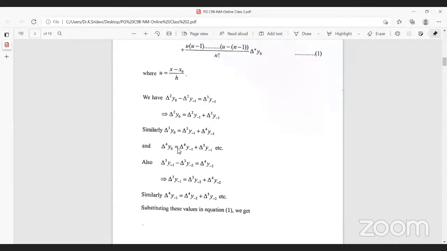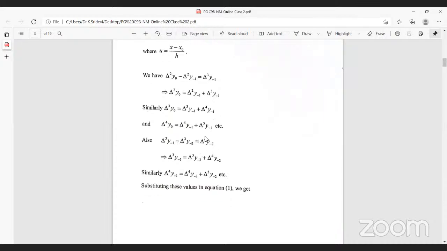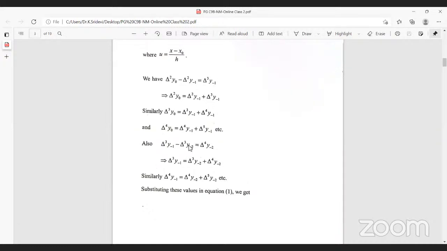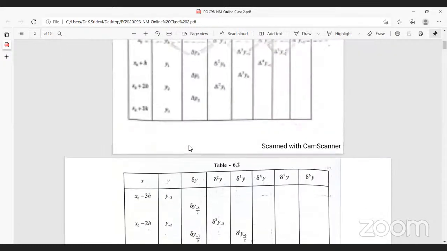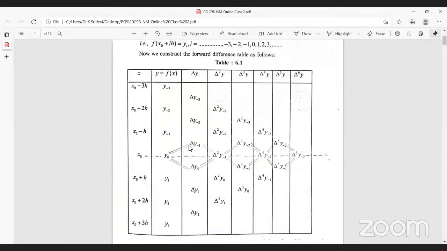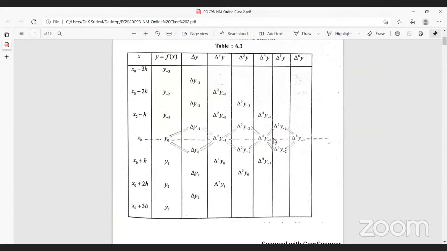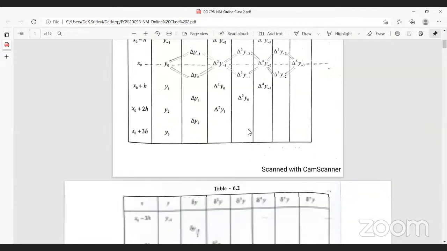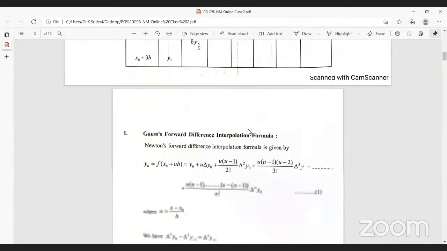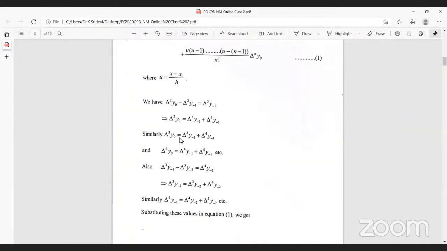Similarly, from the table, we can take delta power 4 y minus 2 is equal to delta cube y minus 1 minus delta cube y minus 2. See, delta power 4 y minus 2 is here, this one. Take this expression like this.